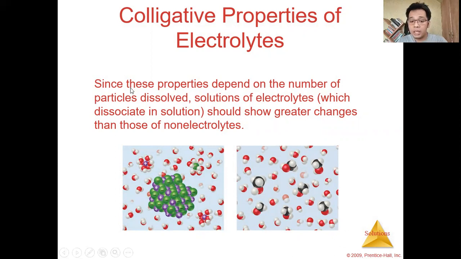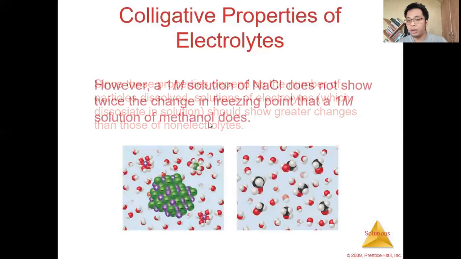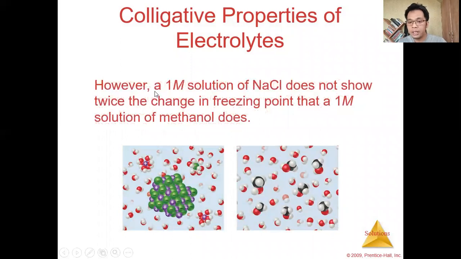Now here, as you can see, it will show greater changes than those of non-electrolytes. As you can see here, 1 molar of sodium chloride does not show twice the change in freezing point than a solution of methanol does. This is just an example of the negligible freezing point depression of the sodium chloride that exhibits in the solution.